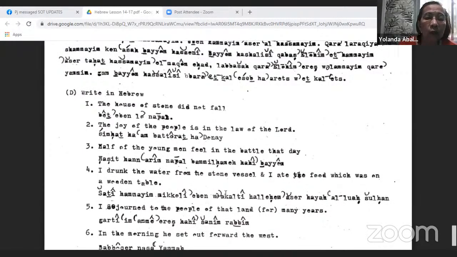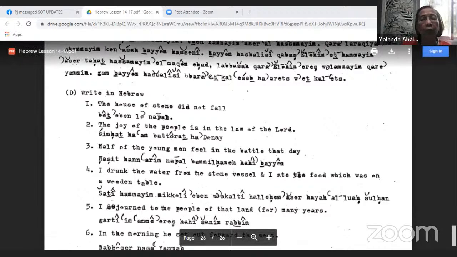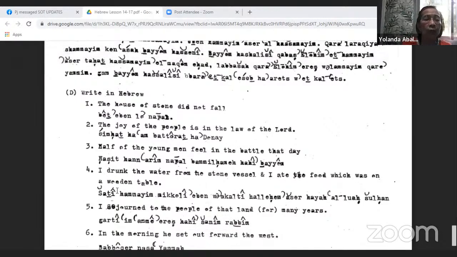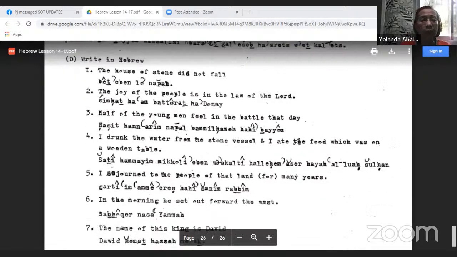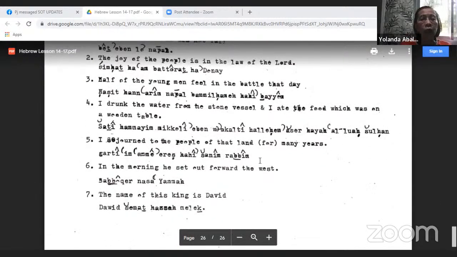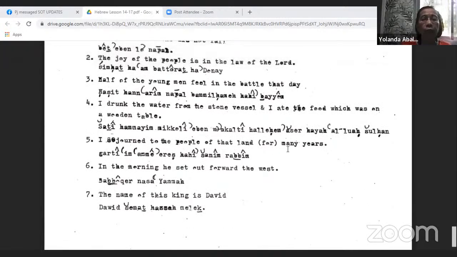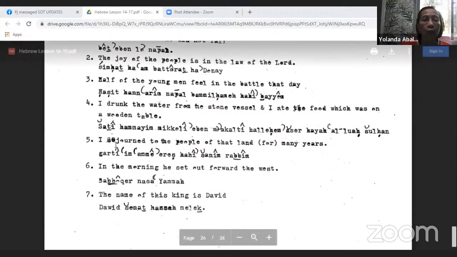I drank the water from the stone vessel, and I ate the food which was in a wooden table. Shate hamayem meklei Iben, the akalti halekem asher haya al luwach shokan. I sojourned to the people of that land for many years.